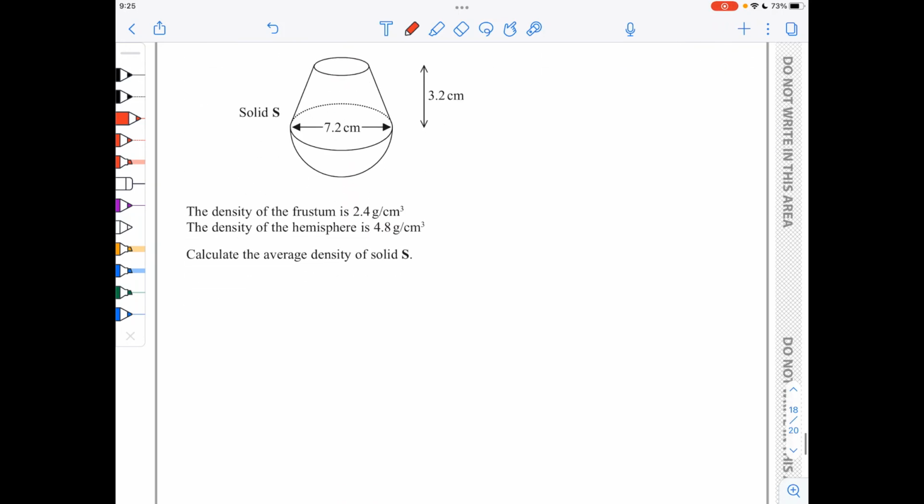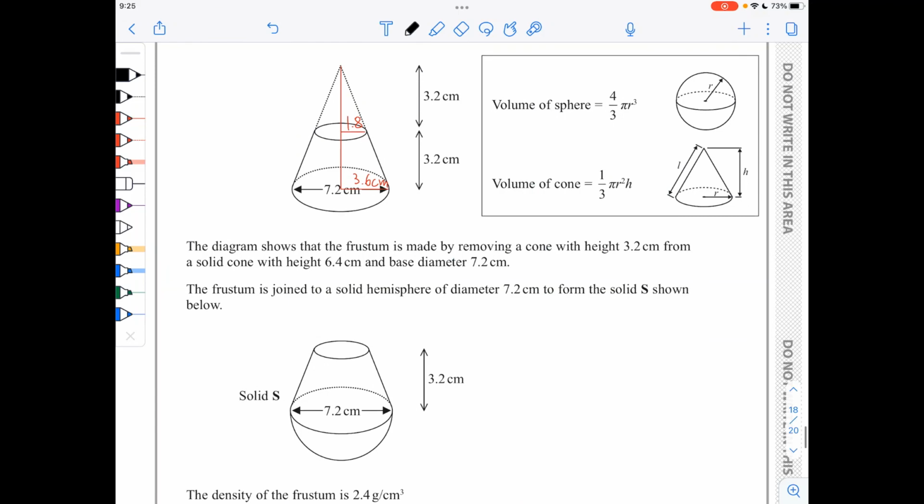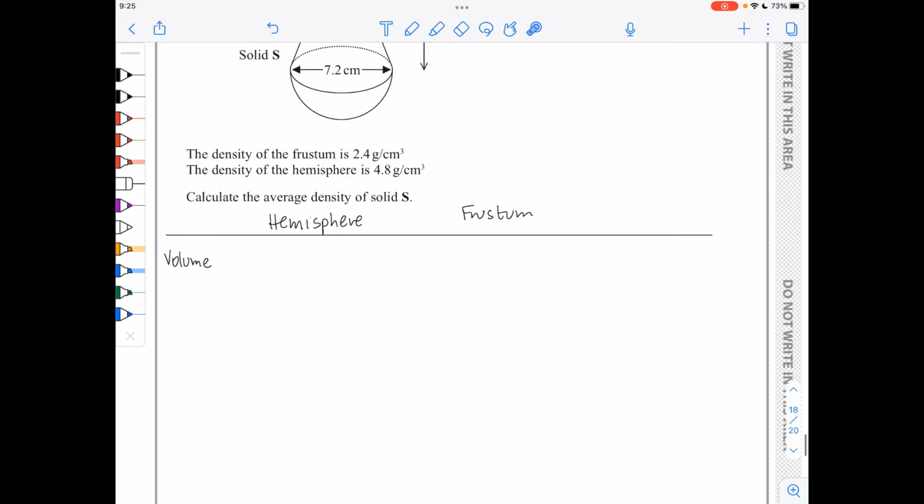So I would like to draw a table here to illustrate all of this. So it's the hemisphere and the frustum. And the volume of the hemisphere, well, we are given the formula for the volume of a sphere, which is 4 over 3 pi r cubed. We've got a hemisphere, it's going to be half of that.